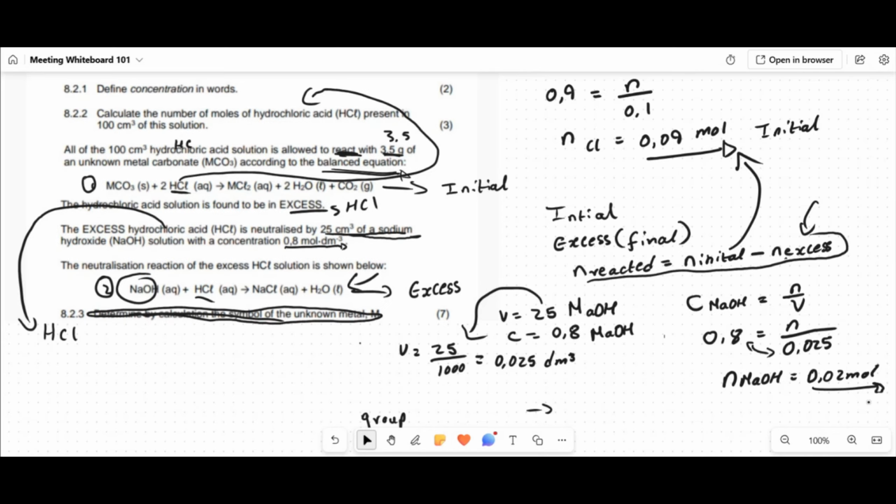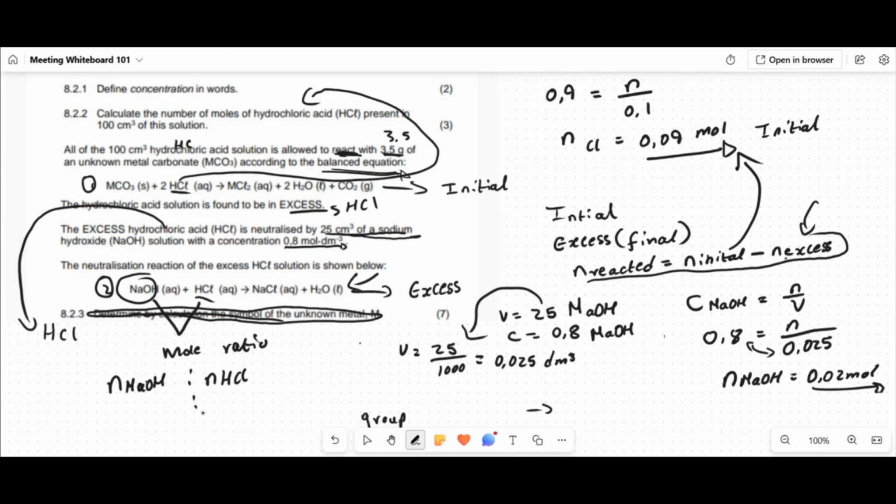But I need the number of moles of hydrochloric acid. What am I going to do? I'm going to do the mole ratio. When I do the mole ratio, it means I'm reacting the two of them. That is why the mole ratio indicates a reaction between the two. So I'm going to say number of moles of sodium hydroxide, NaOH, react with number of moles of HCl.